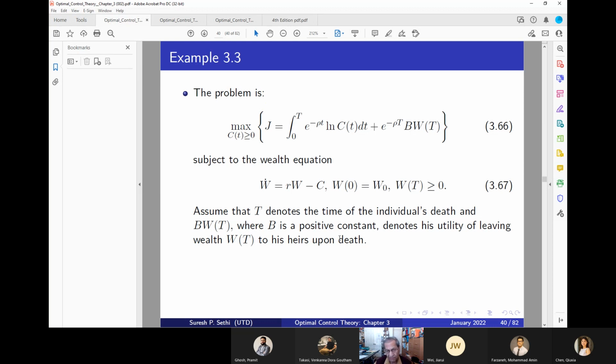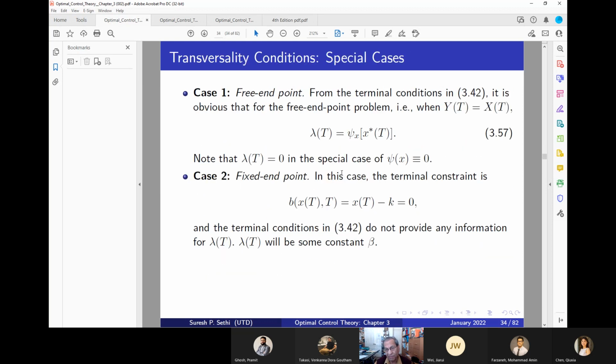So now we have a kind of half-open terminal constraint, and we're going to solve this problem slightly differently. The reason is that we can actually connect this problem to the previous problem. Remember, the previous problem is W2.